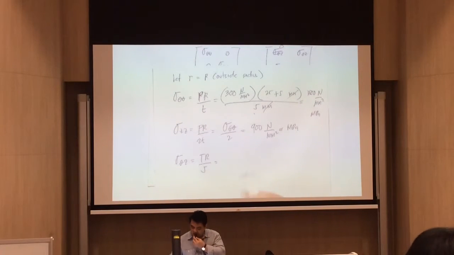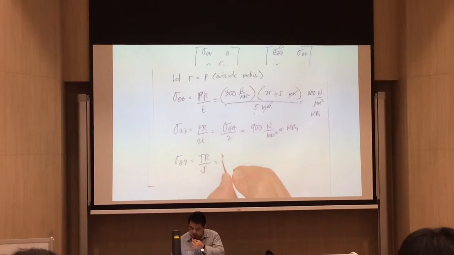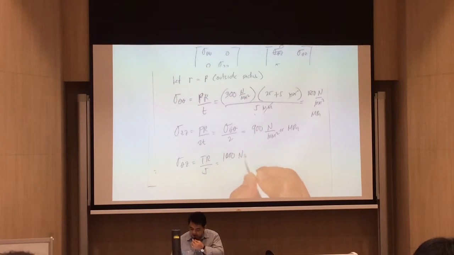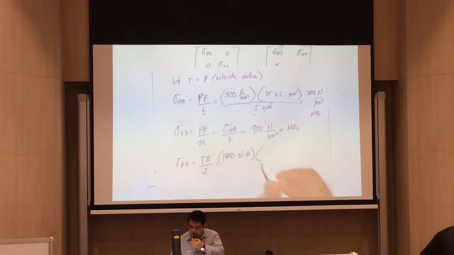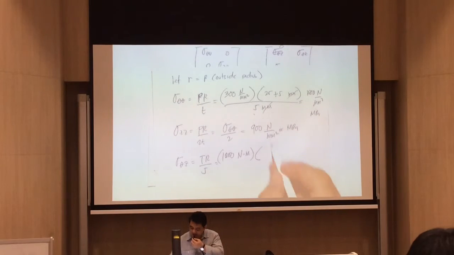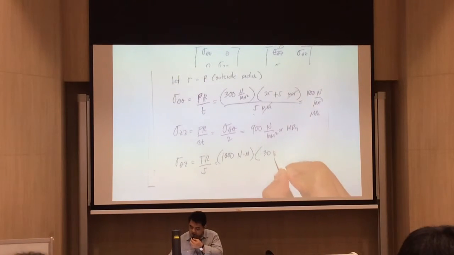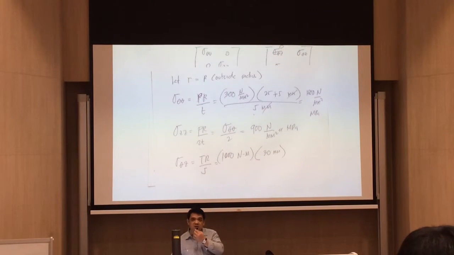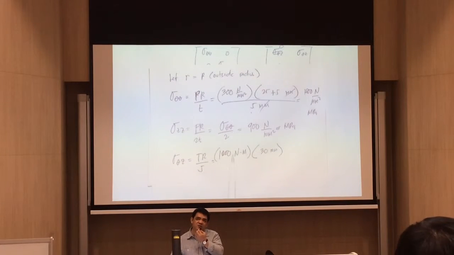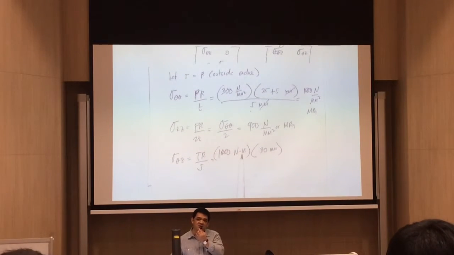Let's have a look. 1.2 kilonewton meter, that's 1,200 Newton meter. And your outside radius is 30 millimeter. So be consistent with the unit here. You have meter there, you have millimeter here. So most likely you have to multiply this one with 1,000 to convert this meter to millimeter.